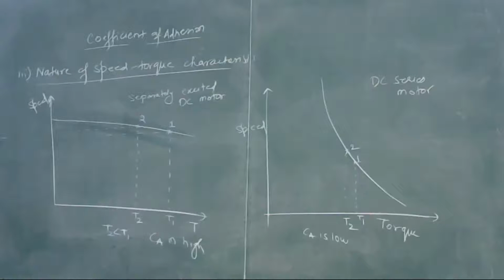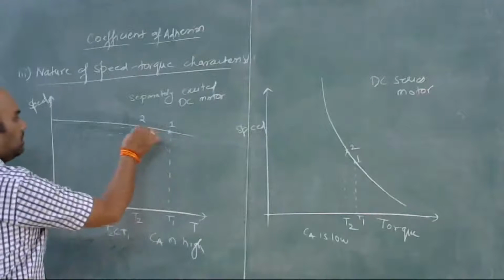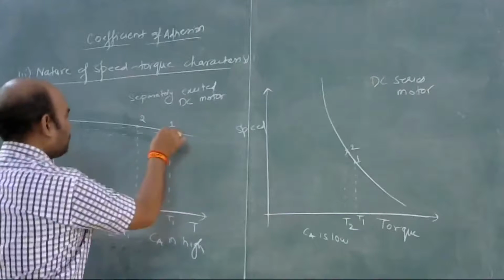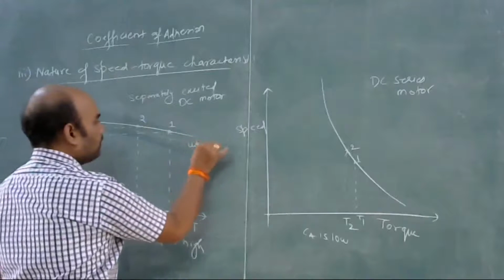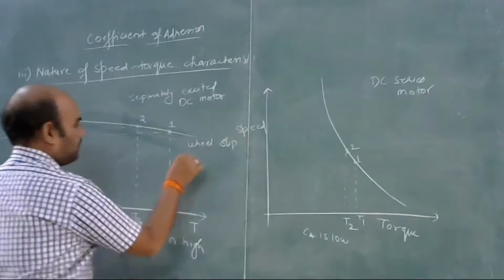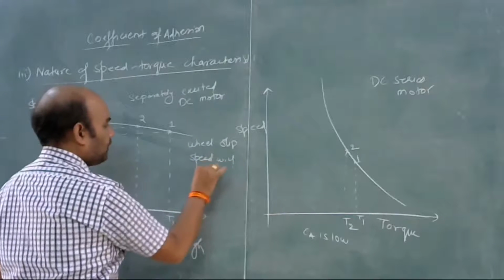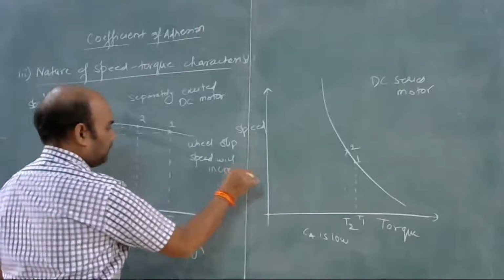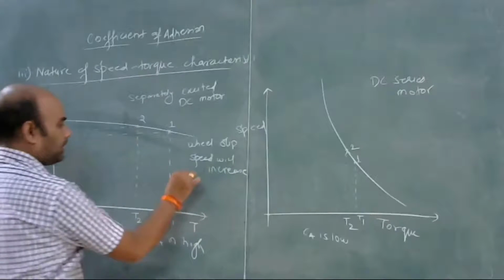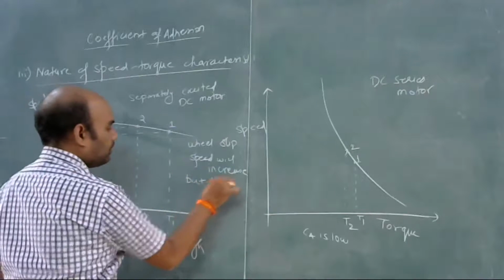So when the wheel slips, speed will increase. Okay, speed increases, but torque reduces.